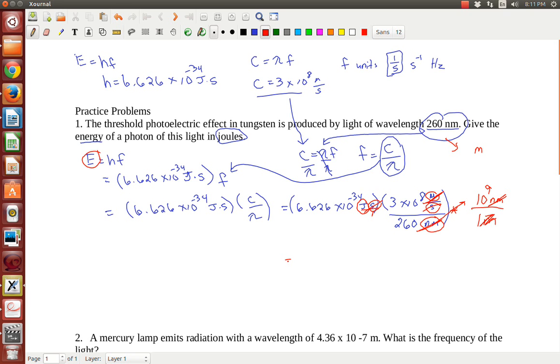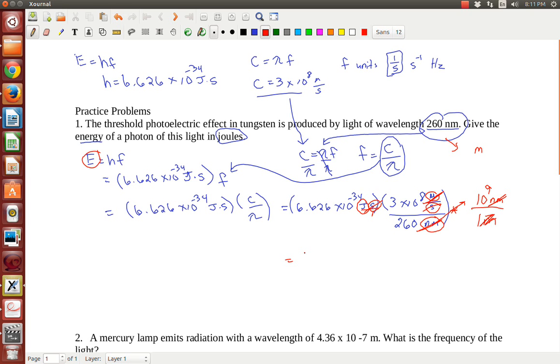I need joules. So I'll put all of this into my calculator, and I get, let me do my raw answer.